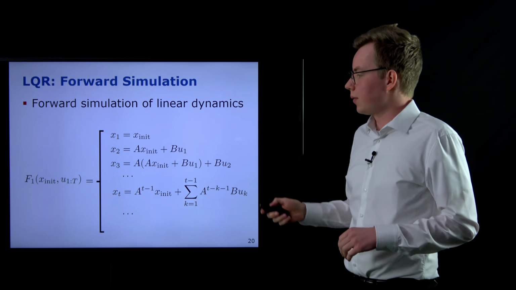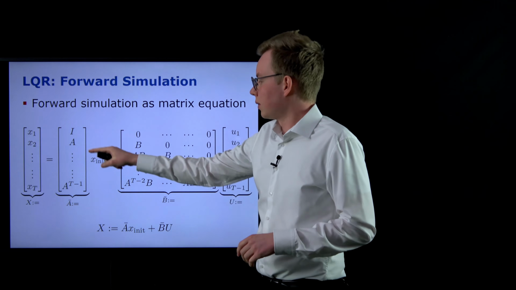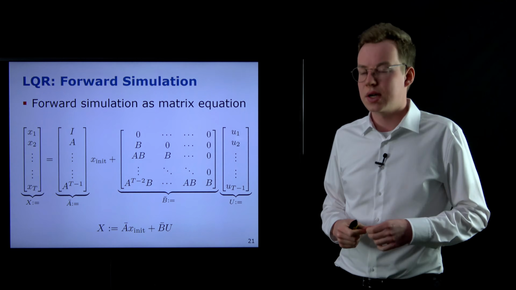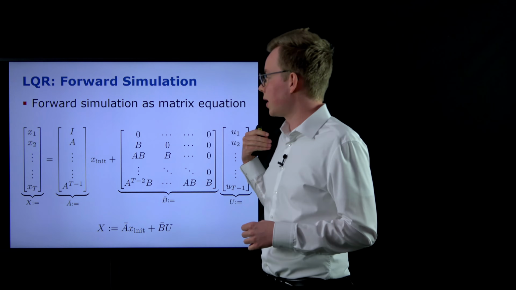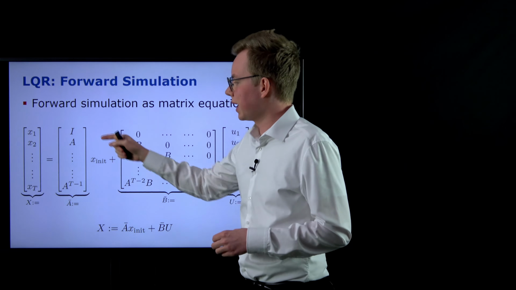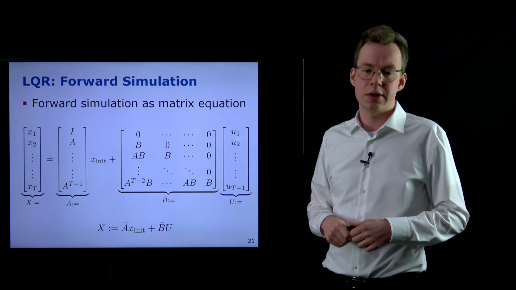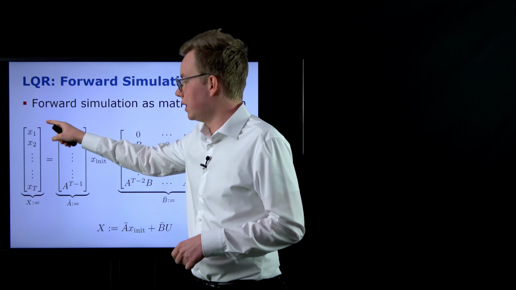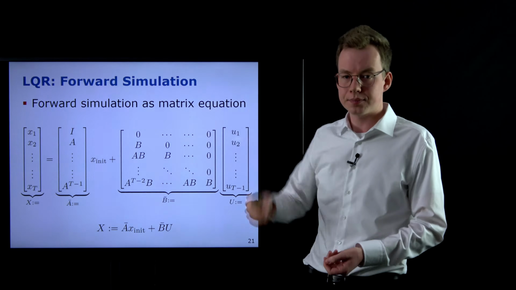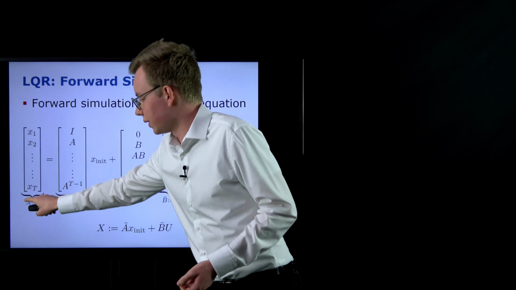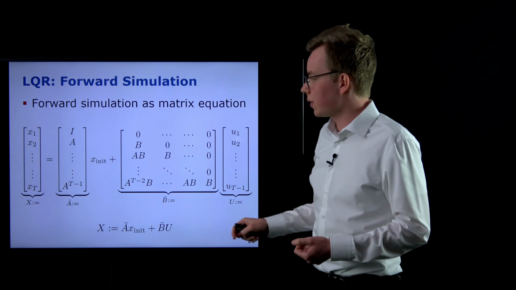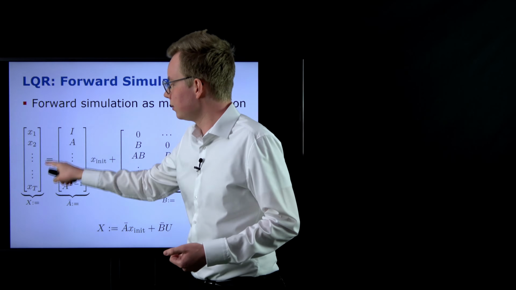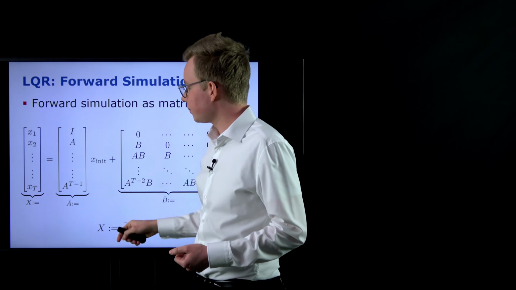Using this forward simulation idea, we can also write the forward simulation function as a single matrix equation. Here we just stacked all of the states into one long vector, which we now call capital X. This is the trajectory that we want to find.